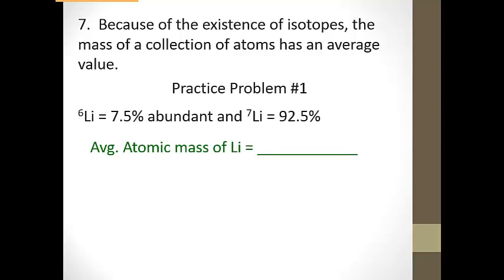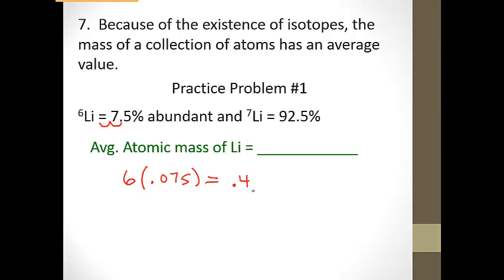Another practice problem, we have lithium. And lithium here has a mass of 6, here it has a mass of 7. So we're going to take our mass of 6 and we are going to multiply that by its abundance. And to get these out of a percent, you want to move the decimal over 2 places. So 0.075. And when we multiply that together, we get 0.45.